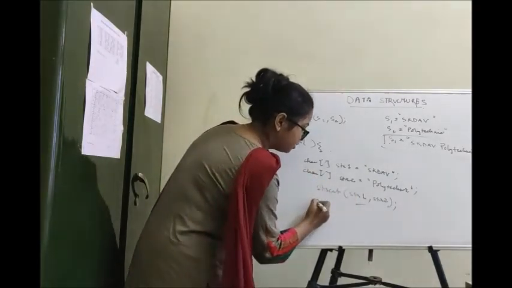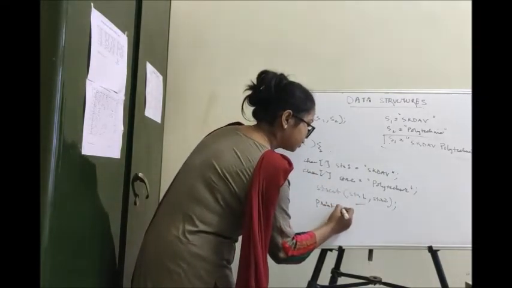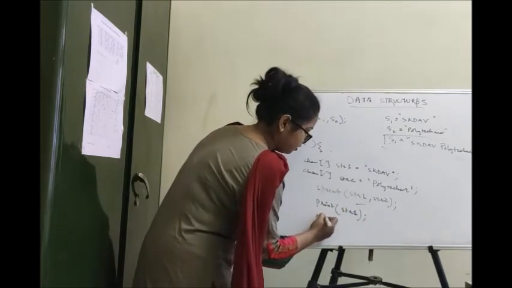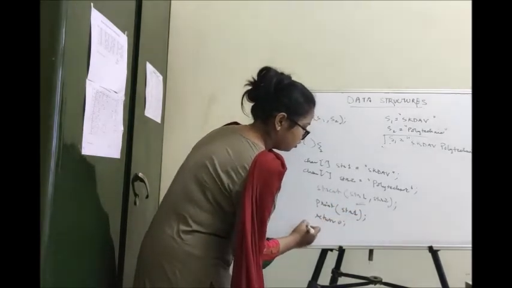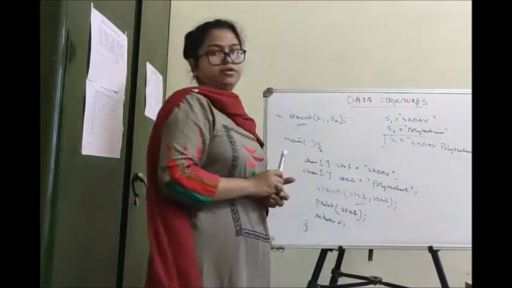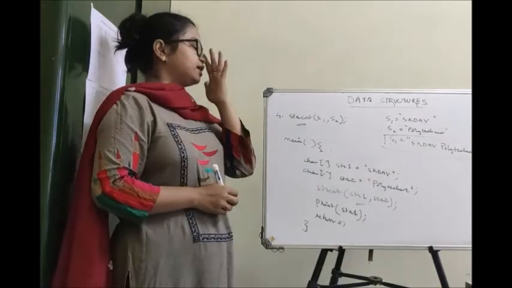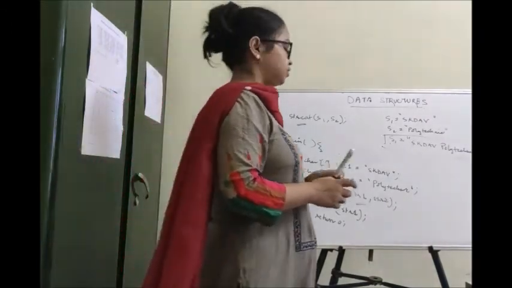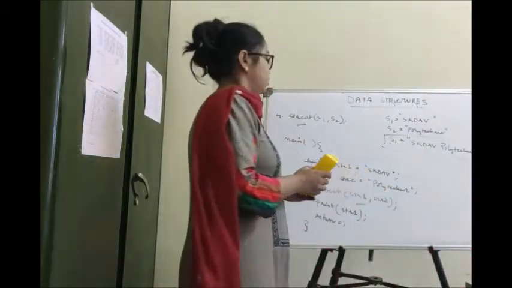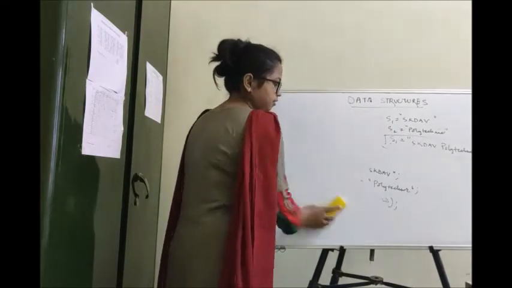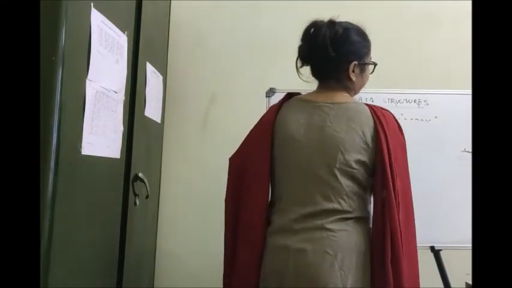So what will be printed? Print str1 after concatenating, return 0. So now what will be the output? skdav Polytechnic. I think it is pretty much clear now what strcat does.